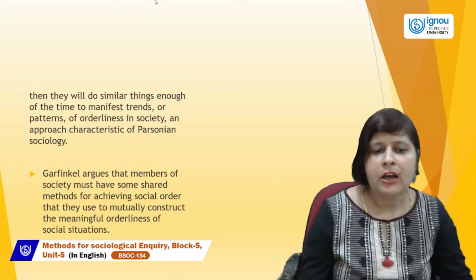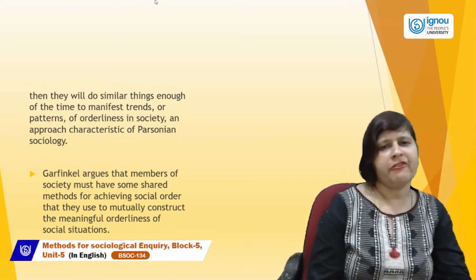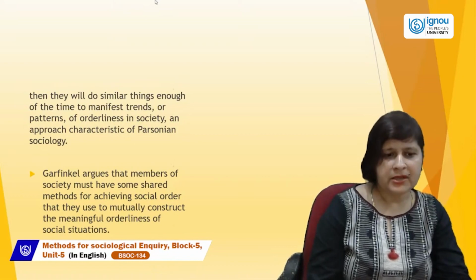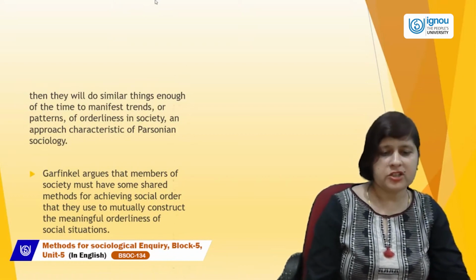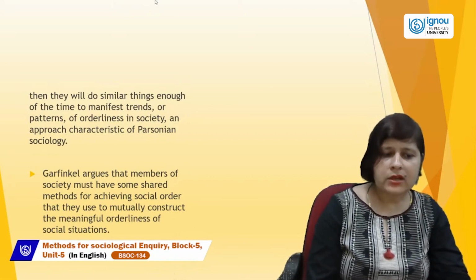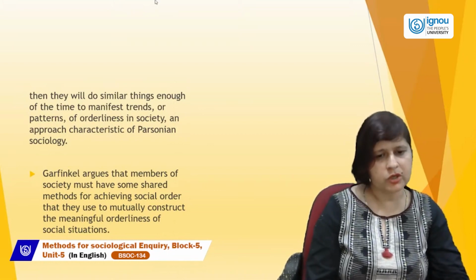This is what Parsonian sociology was. Garfinkel argued that members of society must have shared methods for achieving social order. Then they mutually construct the meaningful orderliness of social situations.